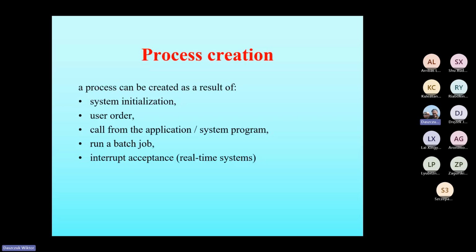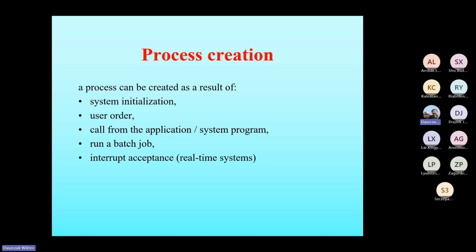Here are example situations in which a process can be created. For example, when the system starts, some processes are automatically created. The minimum is one process. For example, in Linux, we have one process called init that is the ancestor of all other processes.